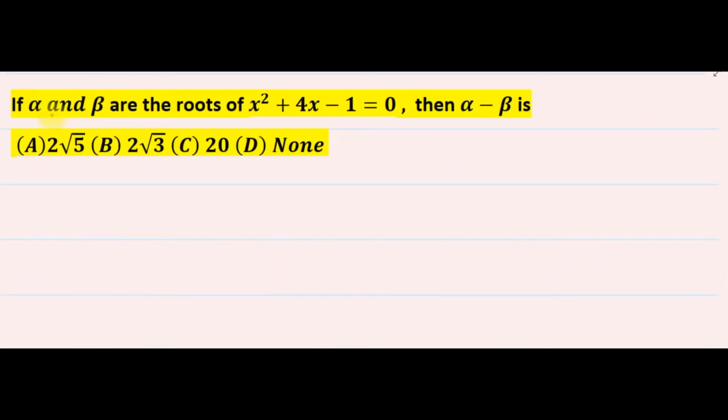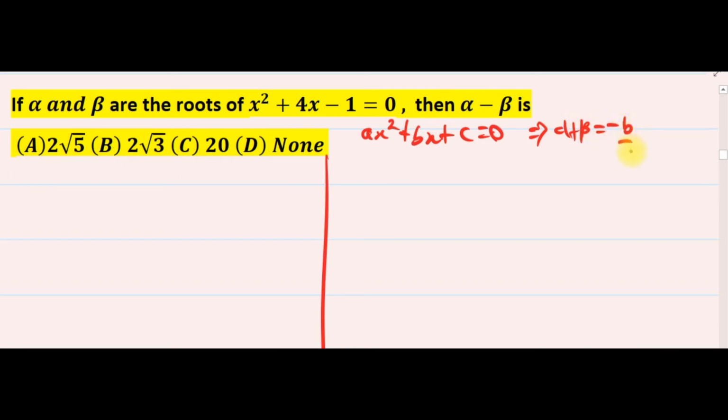So we are given that alpha and beta are the roots of this quadratic equation, and we want alpha minus beta. You remember that in any quadratic equation, ax squared plus bx plus c equal to 0, the sum of the roots is always minus the coefficient of x over the coefficient of x squared.